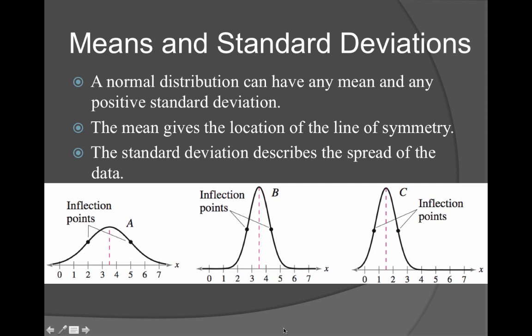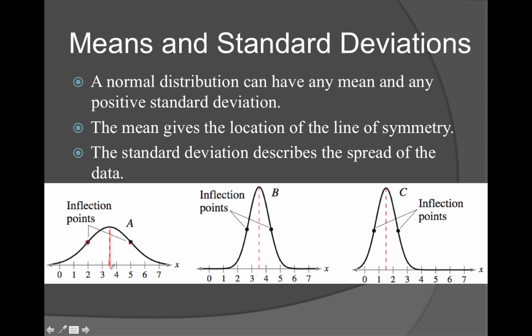Let's look at these three distributions. Here we have something close to a normal distribution. We have our line of symmetry right here at 3.5, and we notice that we change from curving down to curving up around 5 and 2.